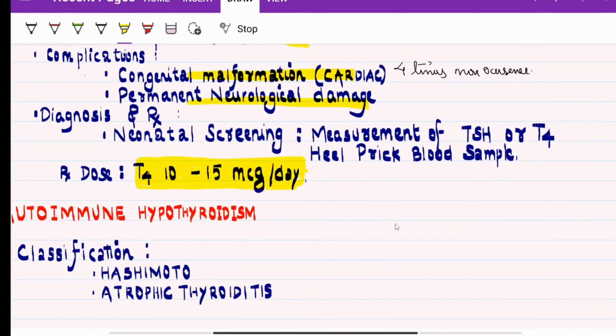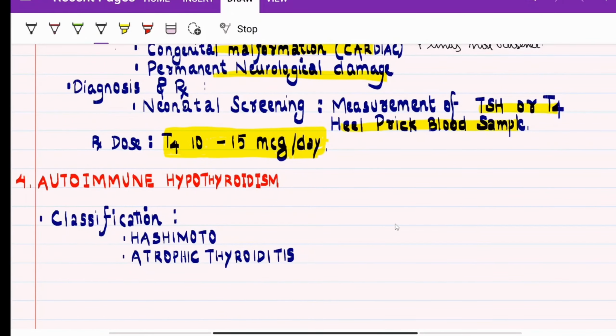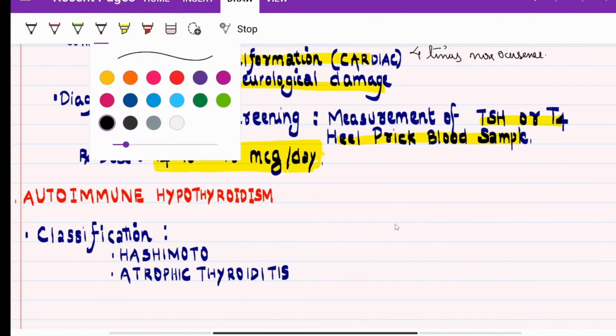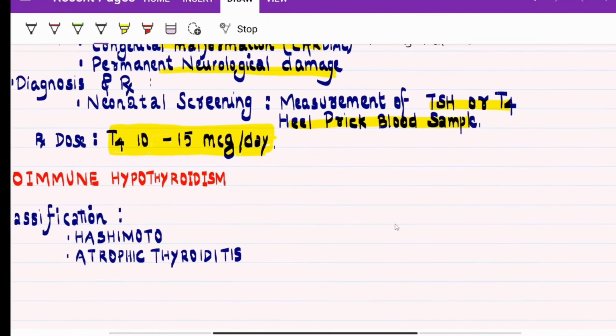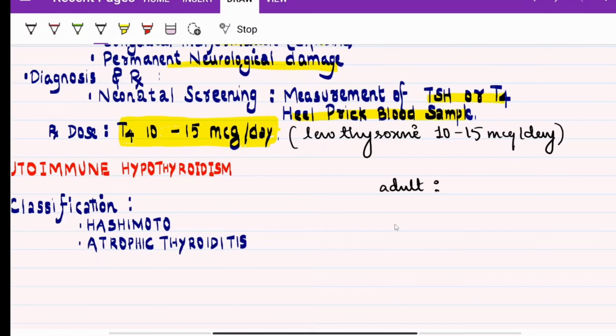Diagnosis is by neonatal screening, the measurement of TSH or T4, from a heel prick blood sample. For treatment, we give T4, levothyroxine, 10 to 15 micrograms per kg per day. Here we should understand one thing: in adults we give around 1.6 micrograms per kg per day.